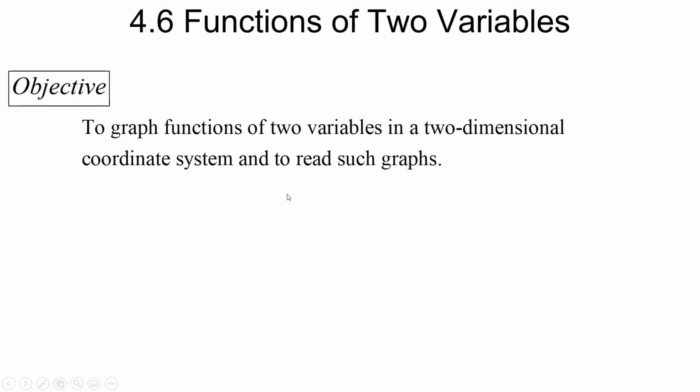Okay, here's the video presentation of section 4.6, functions of two variables. Our objective will be to graph functions of two variables in a two-dimensional coordinate system and to read such graphs. What this means is we're going to get functions that have two independent variables.